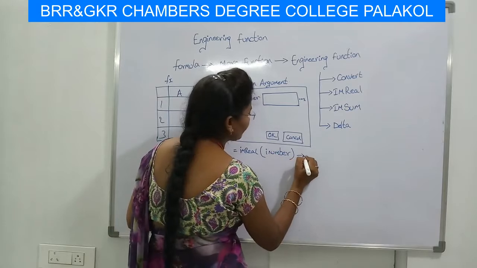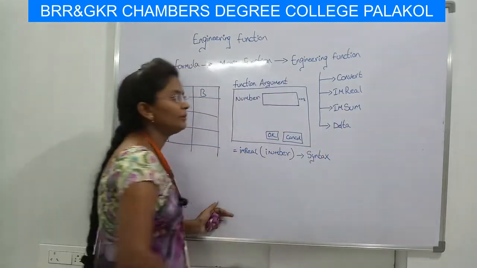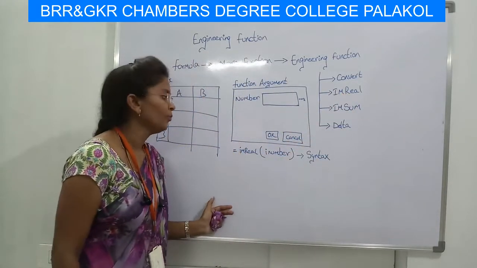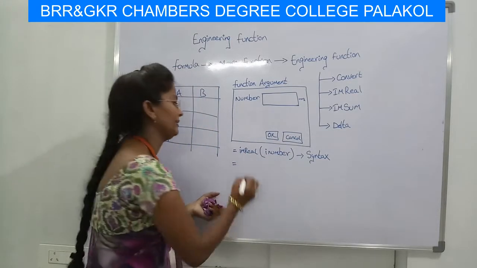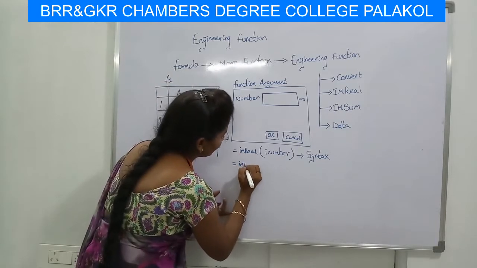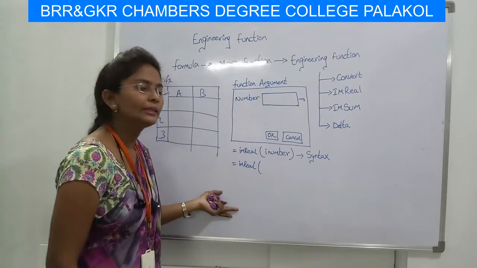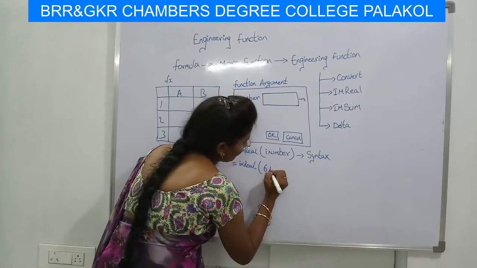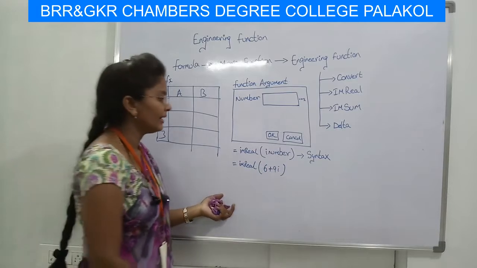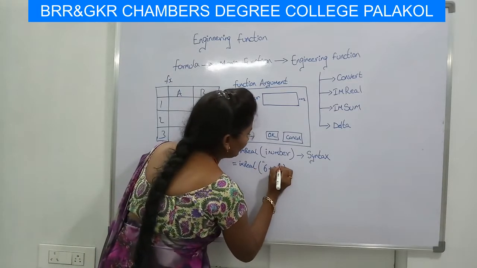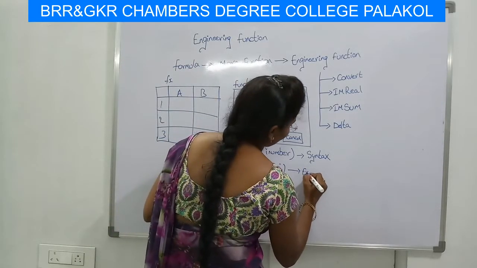This is the syntax for IMREAL. And an example: here I am taking IMREAL as the function name, and in inumber I am taking some data like 6 plus 9i. This 6 plus 9i should be in double quotations. This is an example.